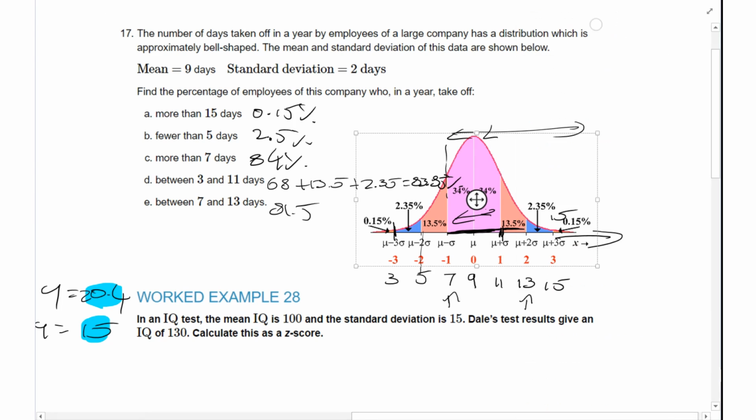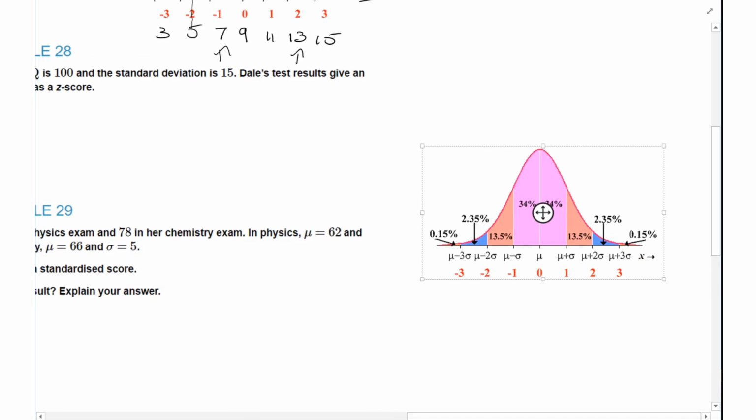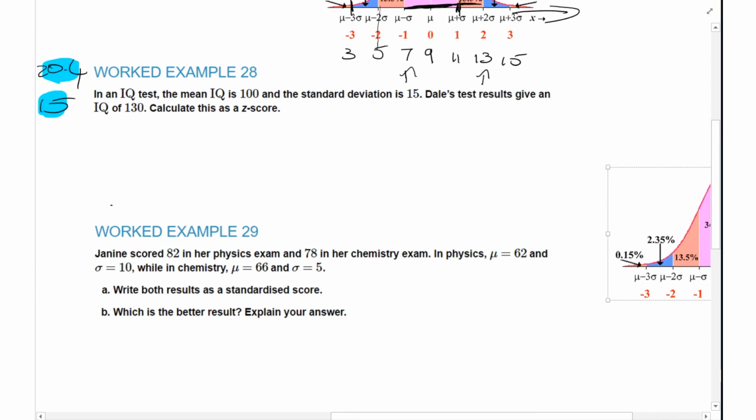All right, so I'm going to copy this down so we've got something to refer to here. So in an IQ test, the mean IQ is 100 and the standard deviation is 15. What's the Z-score? His test result is 130.